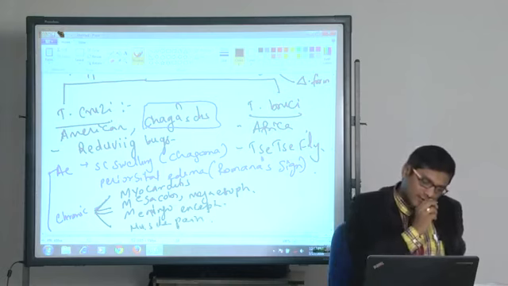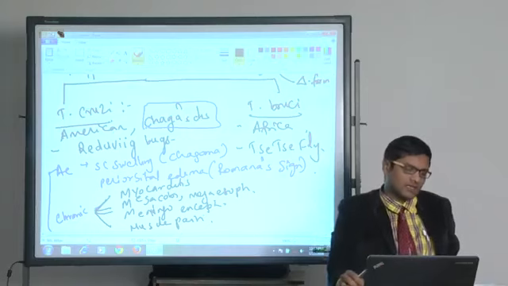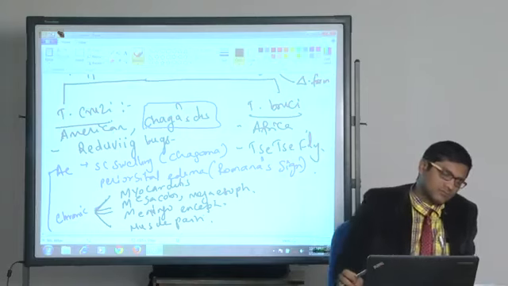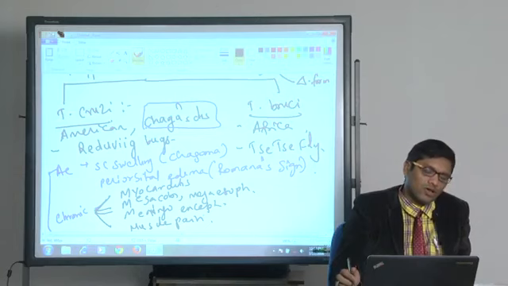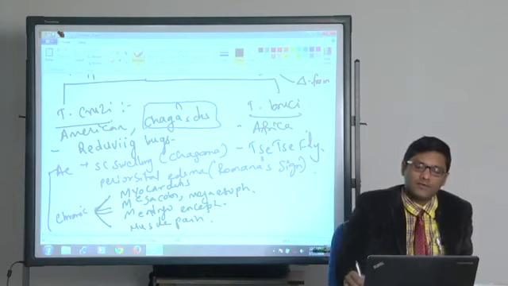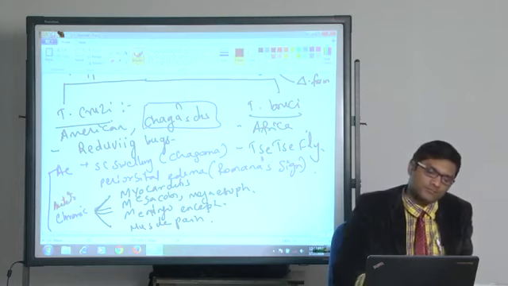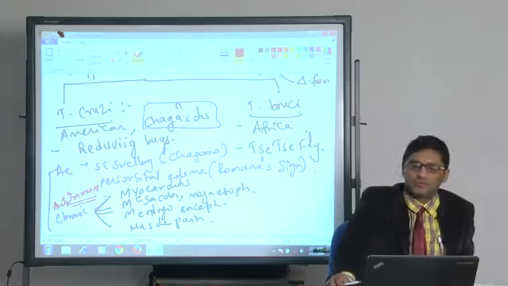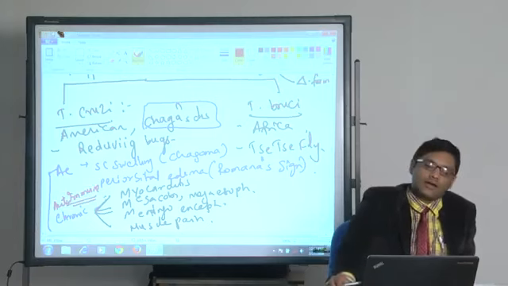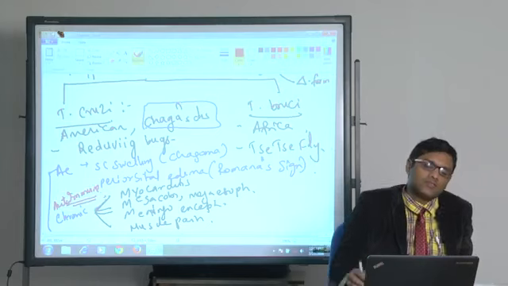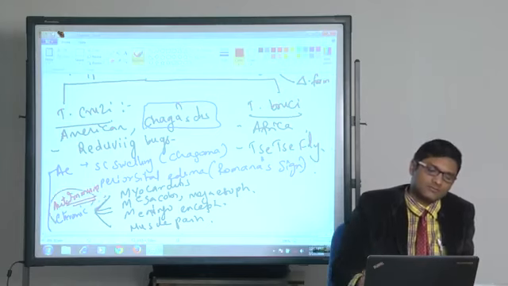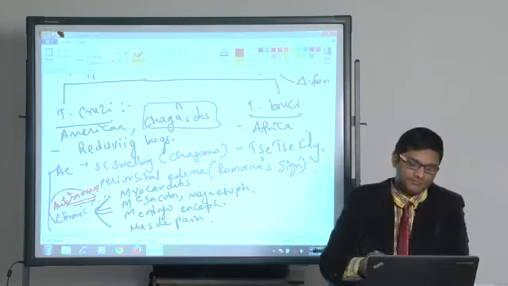All these are the various manifestations of chronic Chagas disease, and usually it is autoimmune. The manifestation of chronic Chagas disease is due to an autoimmune mechanism. Molecular mimicry is the reason behind the various manifestations of chronic Chagas disease. Okay.